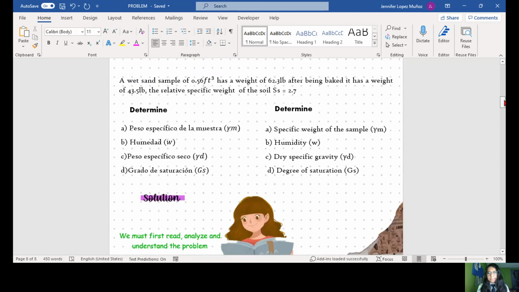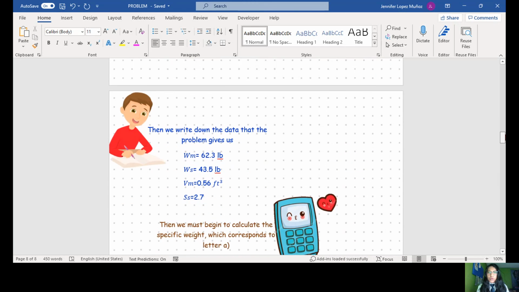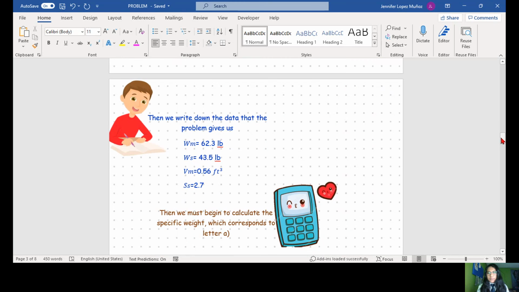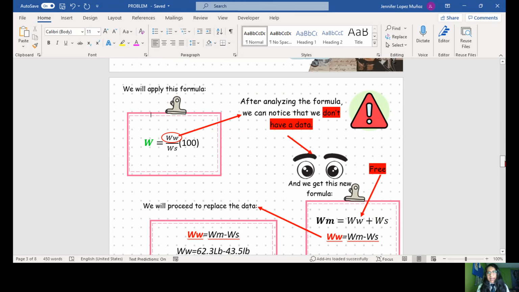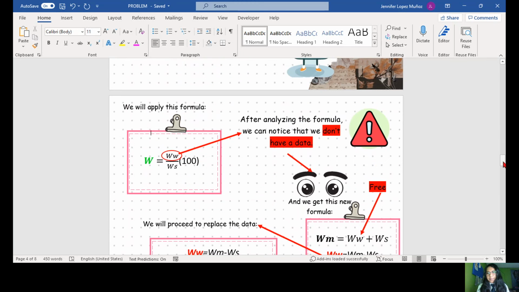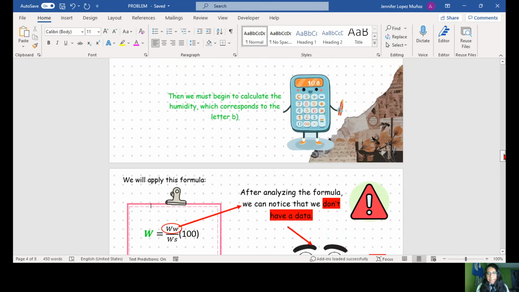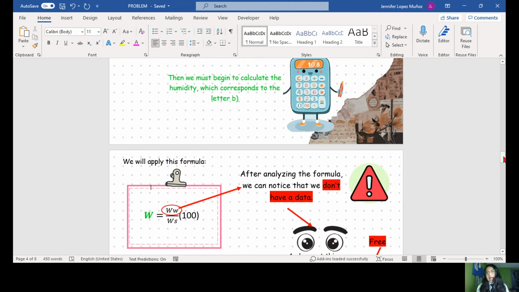And finally, it's very important that you analyze the problem, because on some occasions I don't have a datum, but I can calculate it.